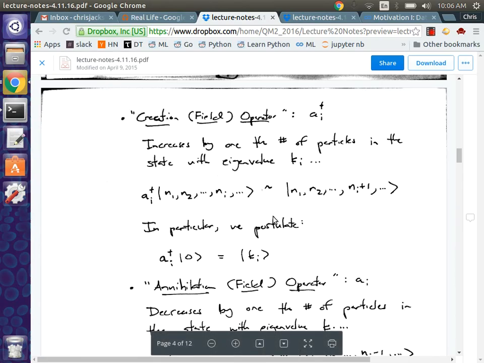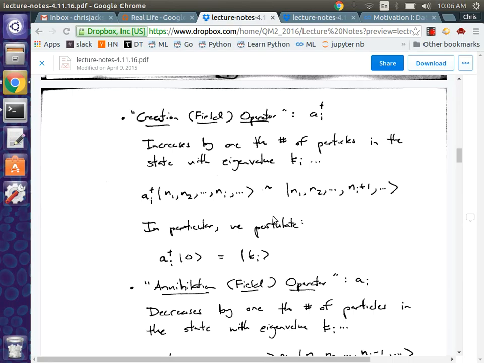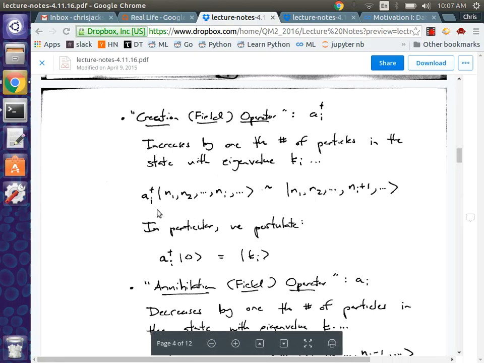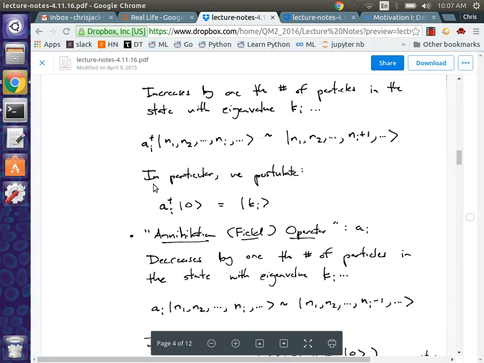And so what we did was we said, okay, well, let's apply, we're going to use this analogy of the simple harmonic oscillator. And so we'll build up states by applying what we call a creation operator, or the ladder operator, the raising operator. Right. And so we postulated that there's some operator that we can write down that when it hits this ket, it's going to raise the ith occupation number by 1. Right? And so that gives us a way to build the single particle state from the vacuum state by applying this creation operator.